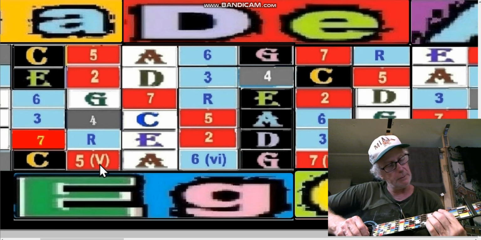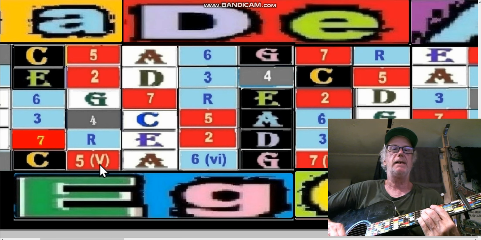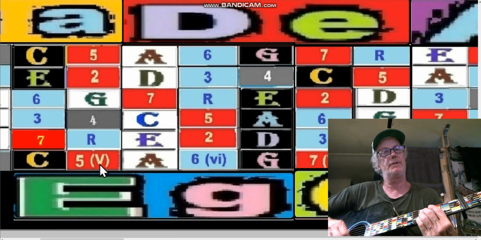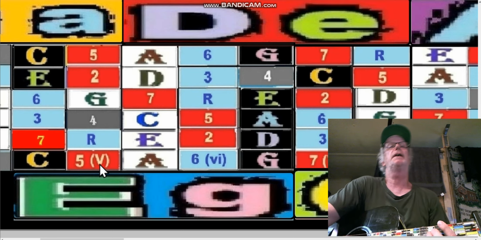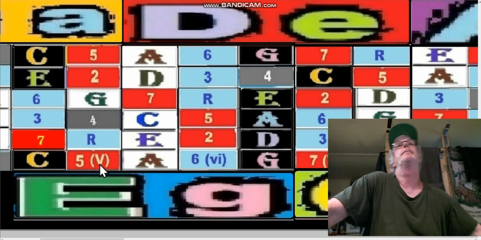So that's it. Or we could just start from the beginning and go all the way up again. A major shaped 1 minor, and then let's just look at the chart.